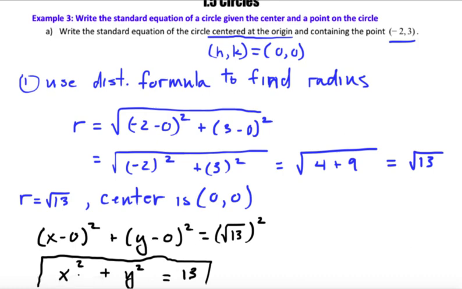Now, keep in mind, any circle that's centered at the origin is just going to look like x squared plus y squared equals radius squared.